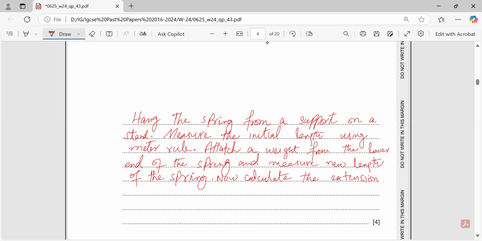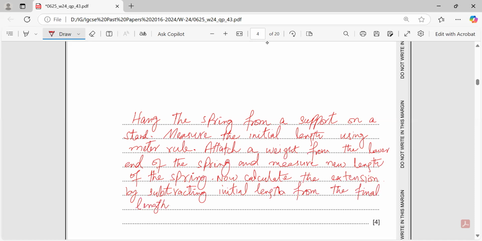Then, my dear, calculate the extension by subtracting the initial or original length from the final length or stretched length.